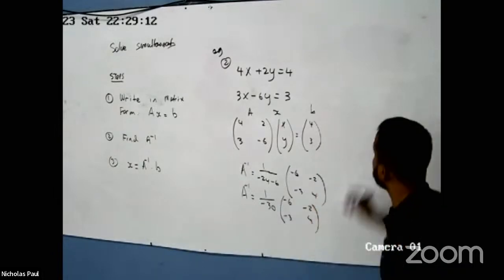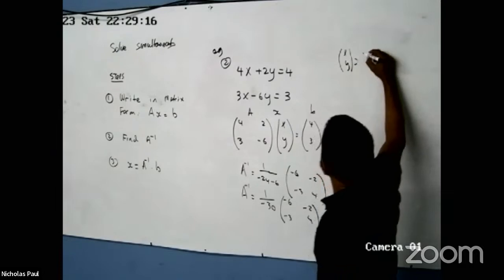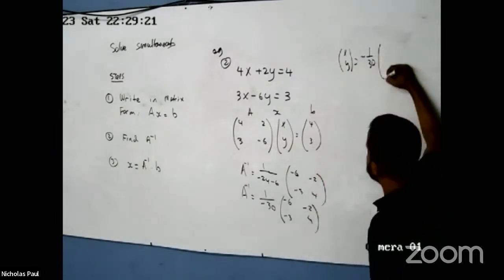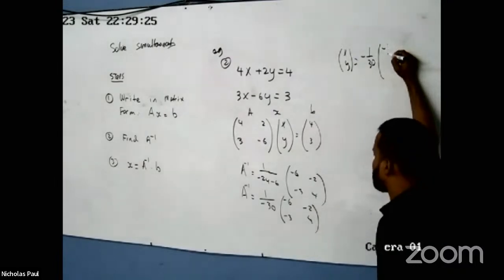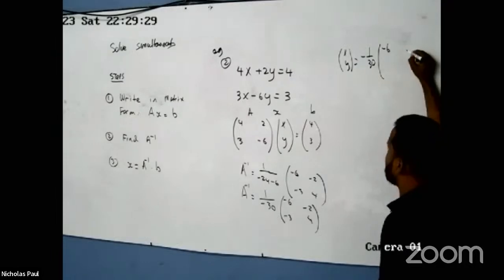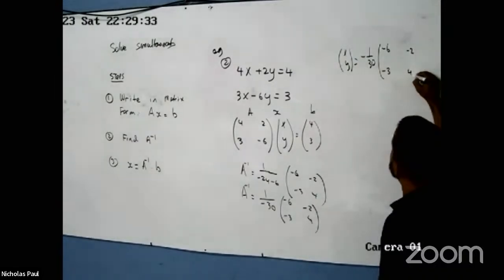All right. So now XY is equal to the inverse, which is minus 1 on 30 by, did I flip the values? Yeah. Minus 6, minus 2, minus 3, 4.